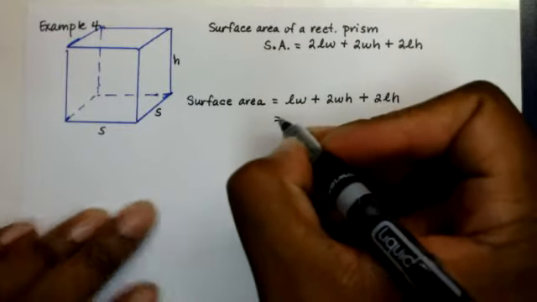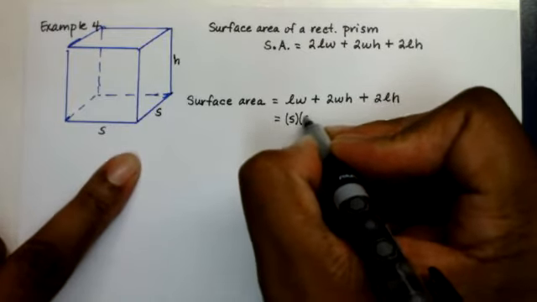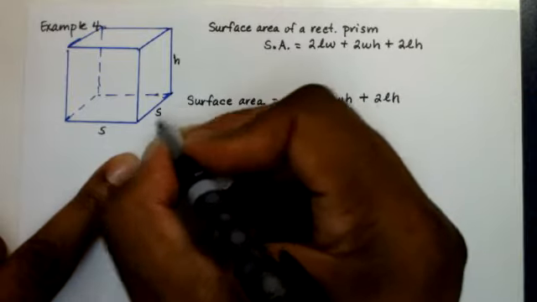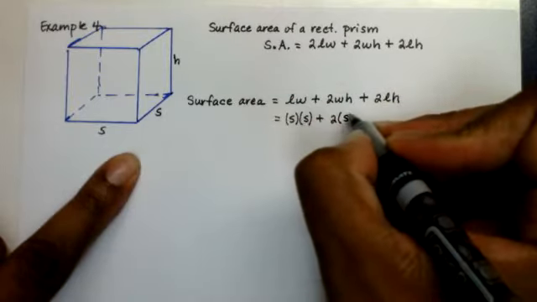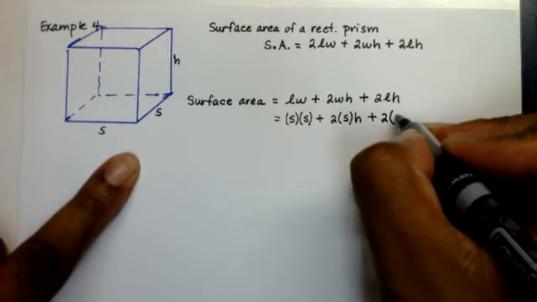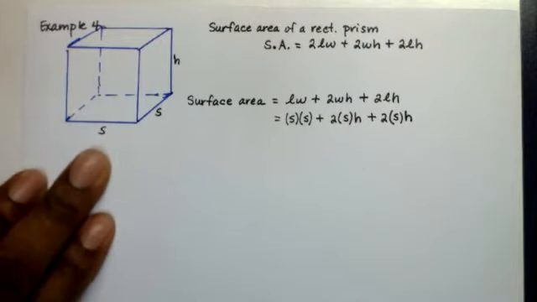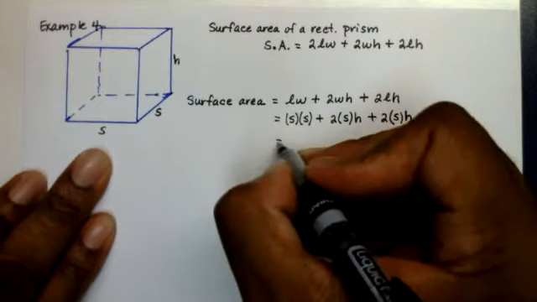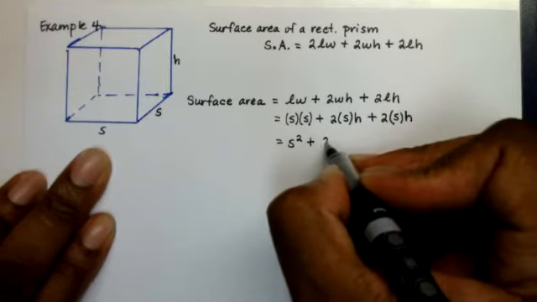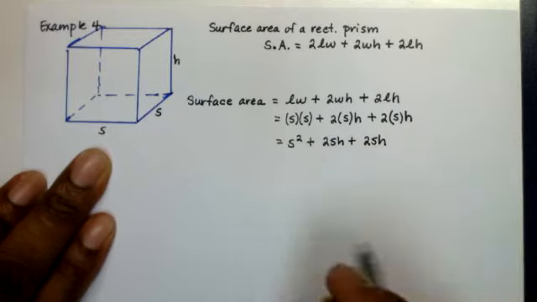All right, this length is S, so there will be S times the width, which is also S, plus 2 times the width, labeled as S, times h, plus 2 times the length, which is S times h. If I simplify this, S times S will be S squared plus 2Sh plus another 2Sh.